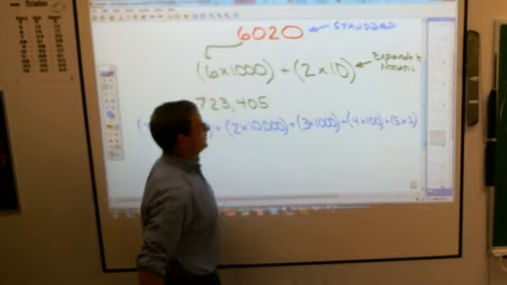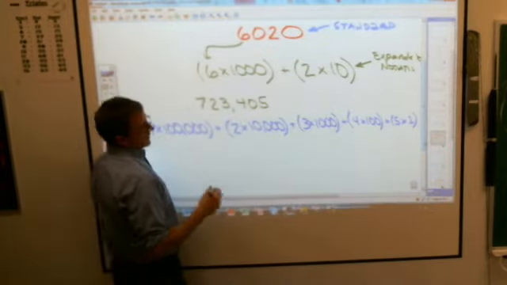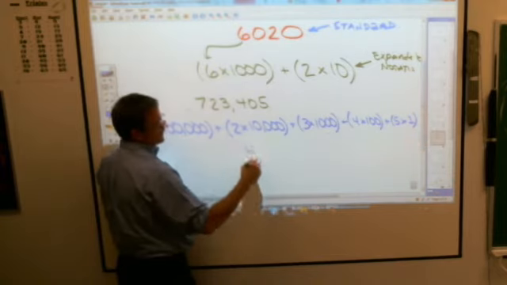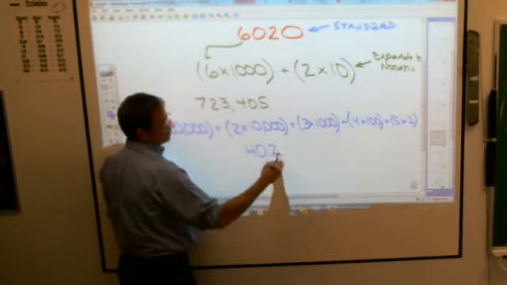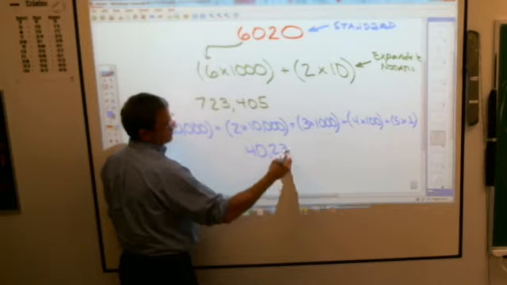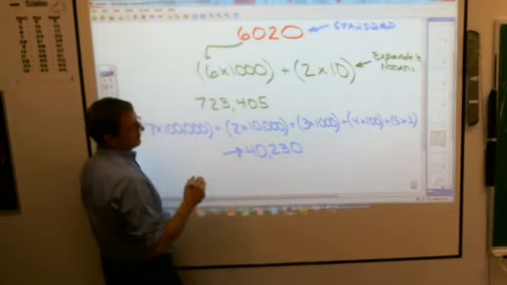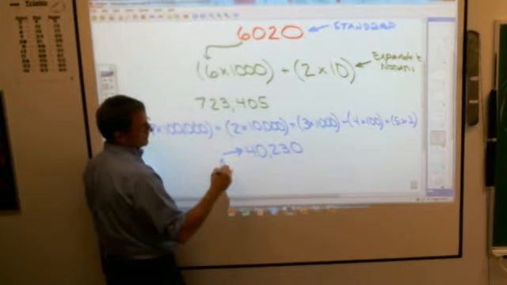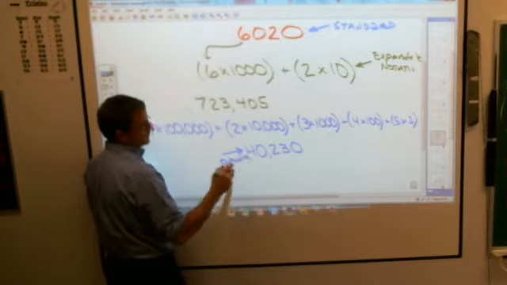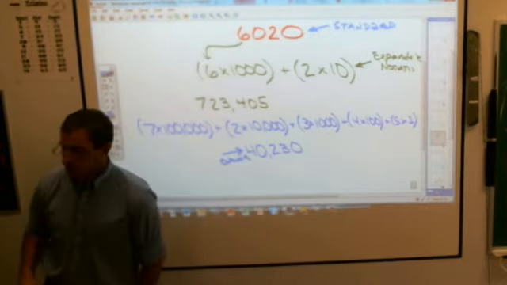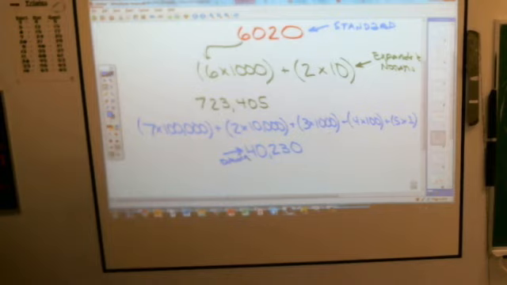Let me give you one, you see if you can do this. How about, let's just do 40,230. Write this in expanded form. Expanded notation. Tell me what you get when you expand that out.